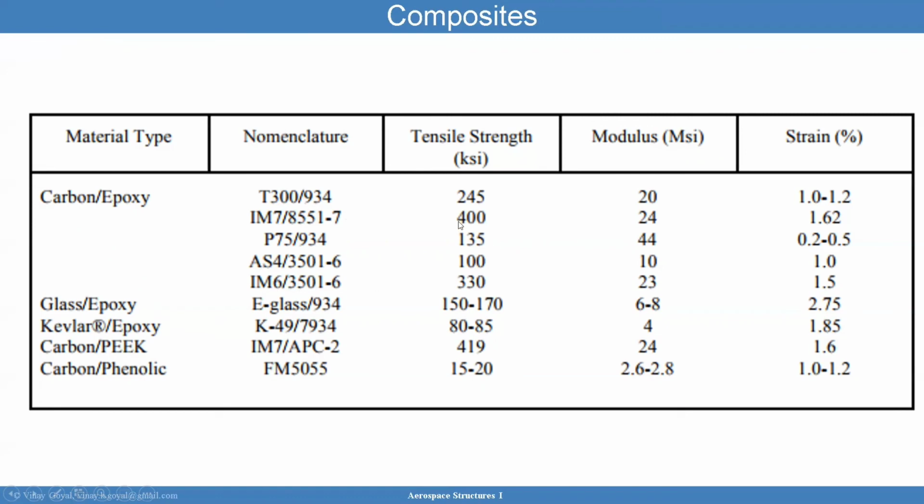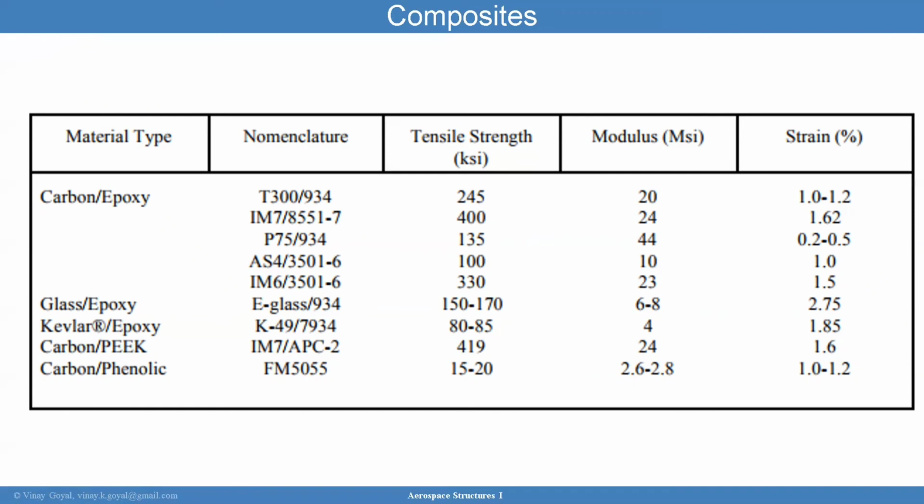You can see the IM7 with great tensile strength compared to anything other than carbon PEEK. The modulus is also really good, and the strain to failure for IM7 is remarkable. Glass epoxy is really good, and Kevlar epoxy is really good. Kevlar is used for impact damage.